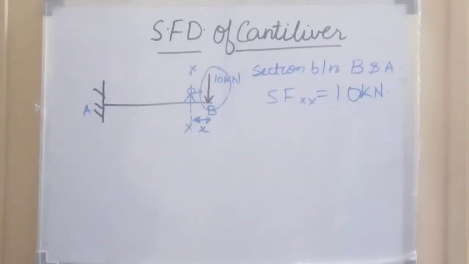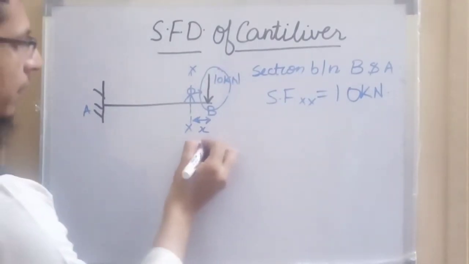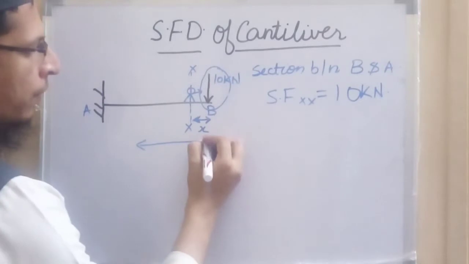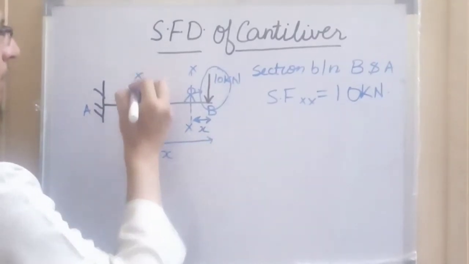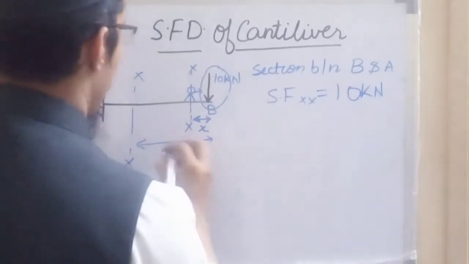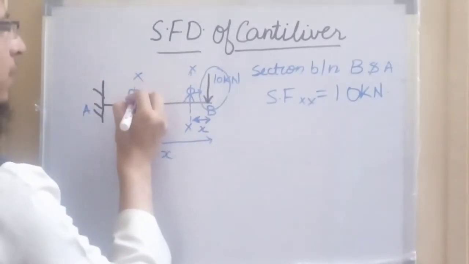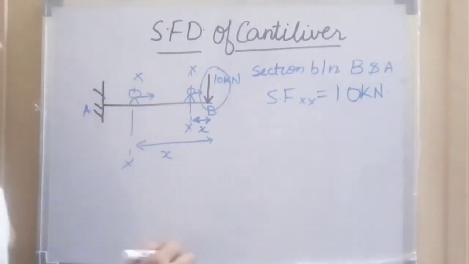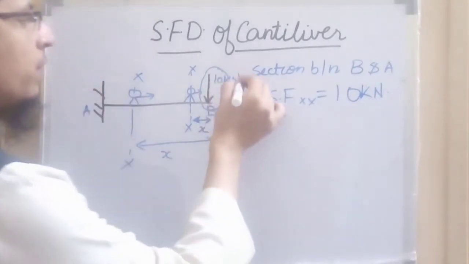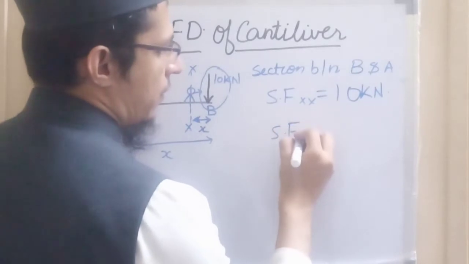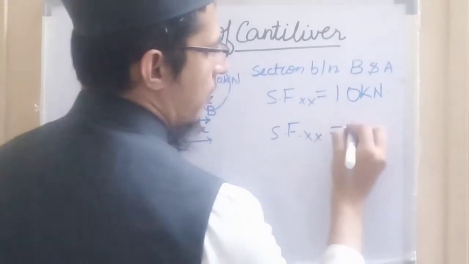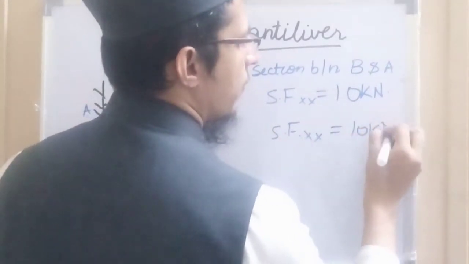So if we move this section to this location somewhere here, then also we are standing here looking towards our left, and only this force will be seen again. So the shear force will remain 10 kilonewton.